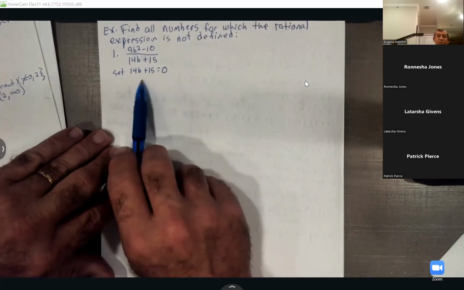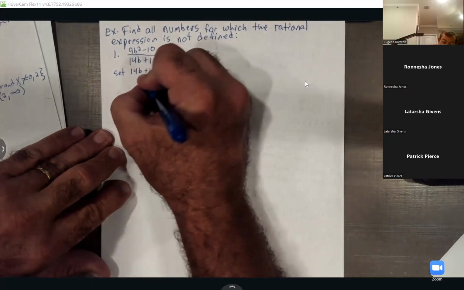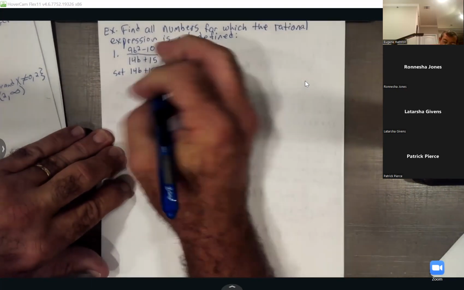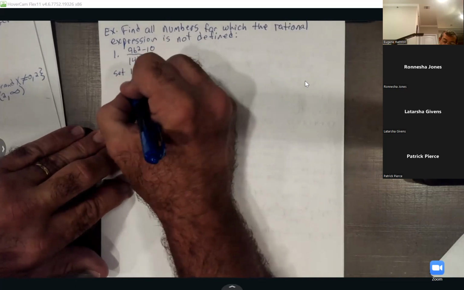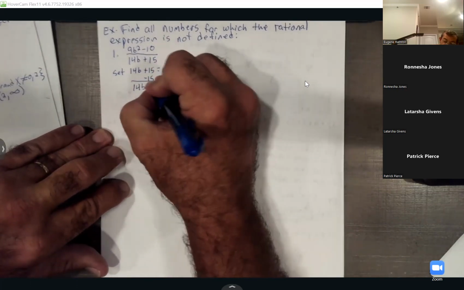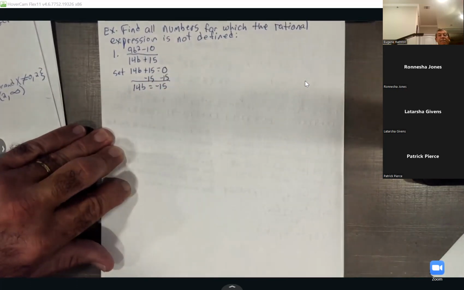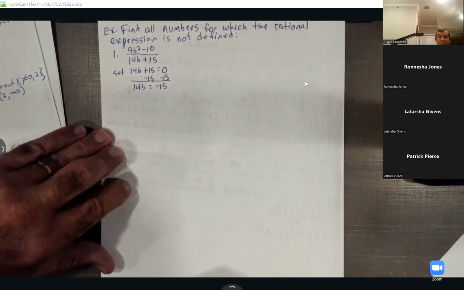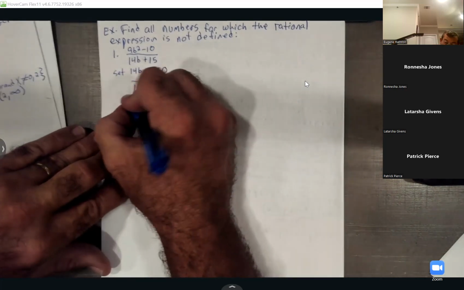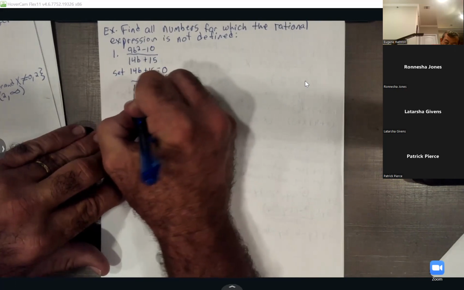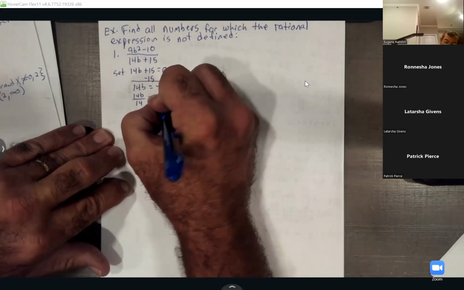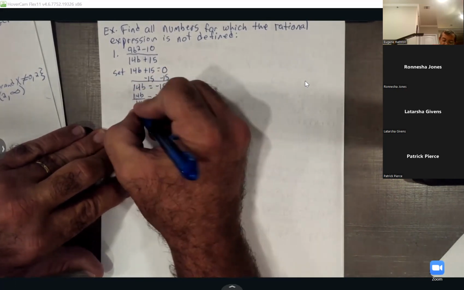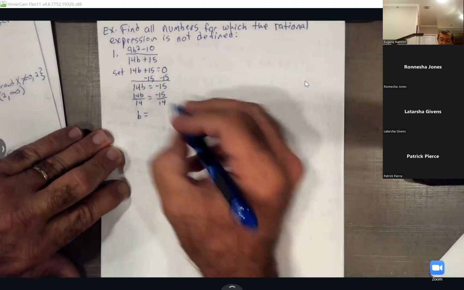So y'all, we're going to subtract that 15. So now that'll give us our 14b equals a negative 15. And then divide it by the 14 to make that a 1b. So those 14s cancel, leave my b.